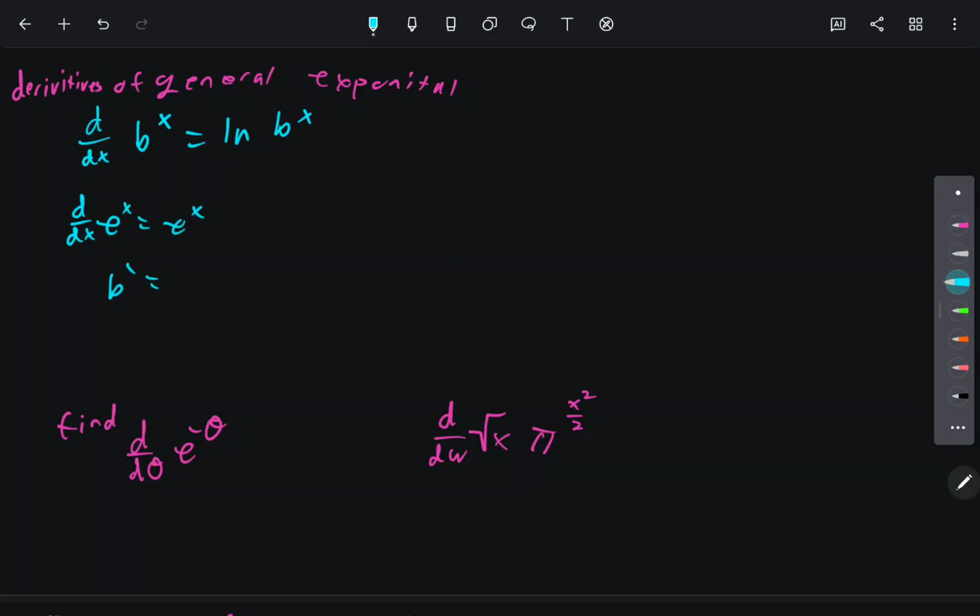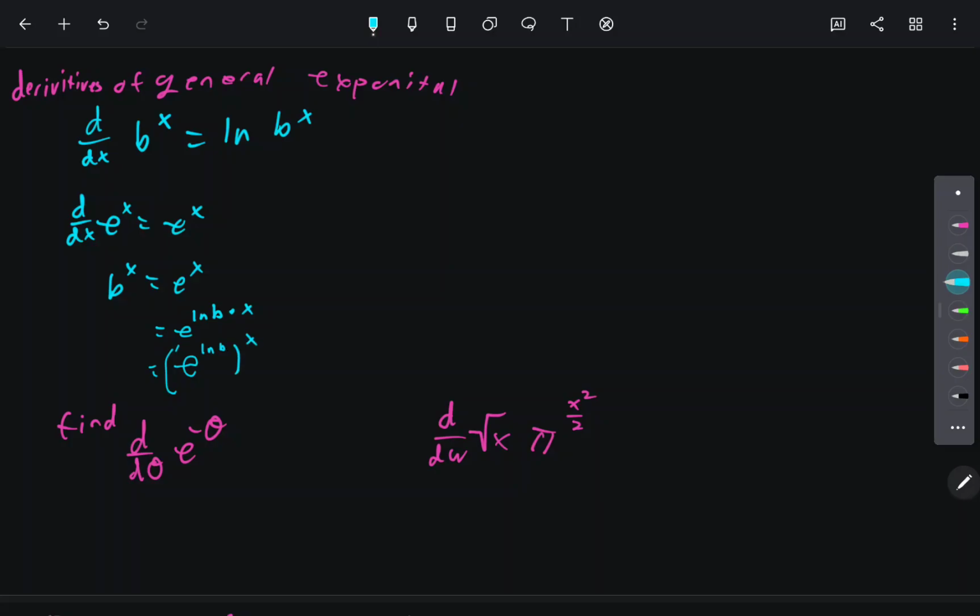Well, we can rewrite any exponential to be an e to the x. So what we do in order to do that is we say that it will be e to the ln, the natural logarithm of b, to the power of b times x. And you can confirm that this is the same thing because you can rewrite this as e to the ln of b raised to the x power.